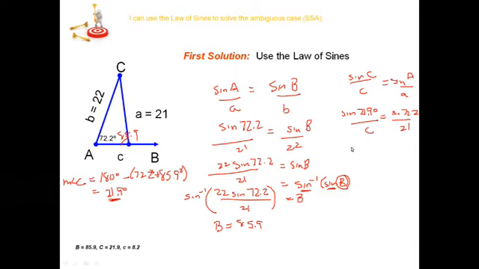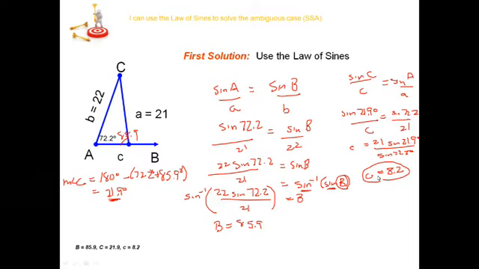Okay, so I'm going to get C equals 21 sine 21.9 degrees over sine of 72.2. And if I put that in my calculator, I'm going to end up with C equals 8.2. Okay? So that's one of the triangles we can solve for.